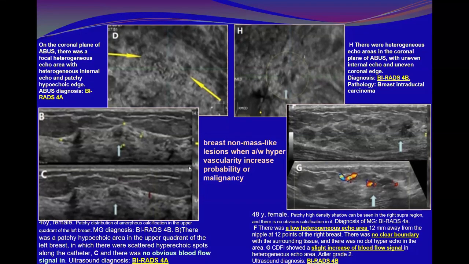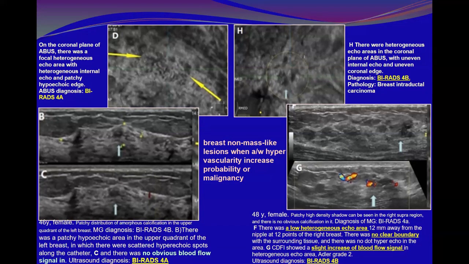But in the other example, with the same findings, though no calcifications, there was asymmetry on the mammogram, reported as 4A because it was just a focal asymmetry. Ultrasound demonstrates a segmental area of hypoechoic non-mass-like changes. It also seemed a little bit segmental or regional, and here focal, because this is a coronal view of the automated breast ultrasound.